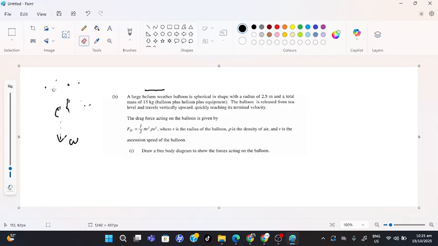Let me show you why it's wrong. The helium balloon is going to act like this. The helium balloon is so light, so your weight will be going down. Your upthrust will be going up. It's going to be more than the weight, so it's going to travel upward.